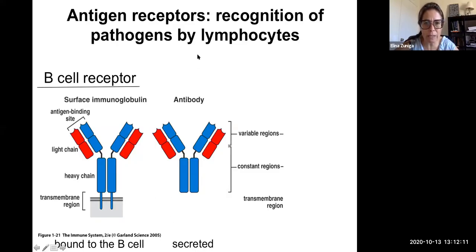The only difference is that the antibodies lack the transmembrane region, and because of that, they can be secreted and are soluble. So this BCR is always bound to the B cells via the transmembrane region in the plasma membrane, and the antibody is always secreted, okay?